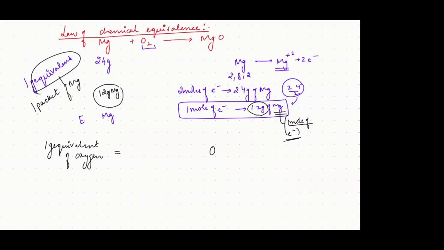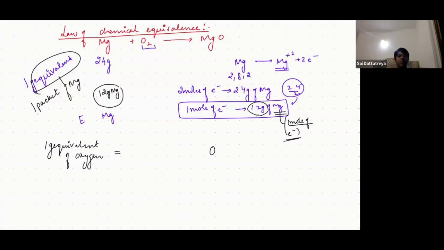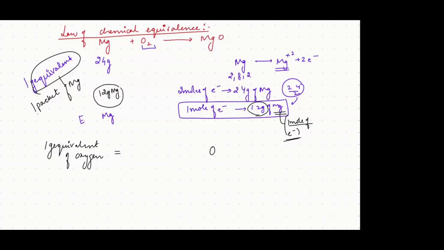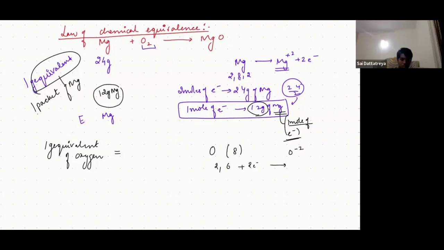So even if you write O2, O2 is going to break down into O and O, and hence the reacting entity would be the oxygen atom. The atomic number of oxygen is 8, so the configuration is 2, 6. So it is going to gain 2 electrons, and hence it is going to form O-2. Yes or no?